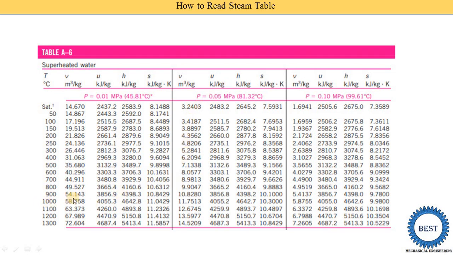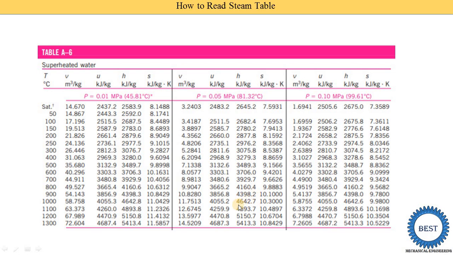Here we come to 1000, here you see the pressure 0.05, and this is the enthalpy column. We move downwards and along the horizontal from 1000. Here we get the enthalpy for 0.05 megapascals and 1000 degrees centigrade. The answer for the enthalpy is 4642.7.